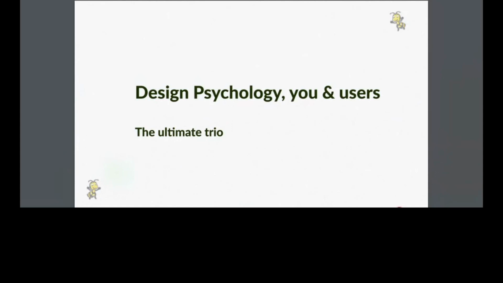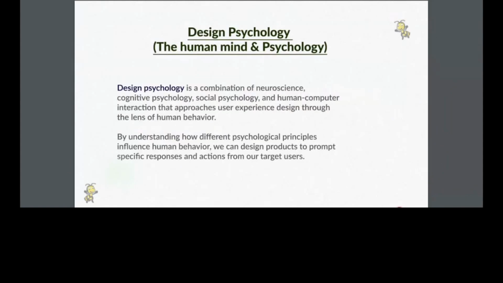We'll be looking at design psychology, how it affects you as the designer and your users as well. First of all, let's have a look at what design psychology entails. We have a very broad definition here, where we are told that design psychology is a combination of cognitive psychology, social psychology, and also human computer interaction that approaches user experience design through the lenses of human behavior.